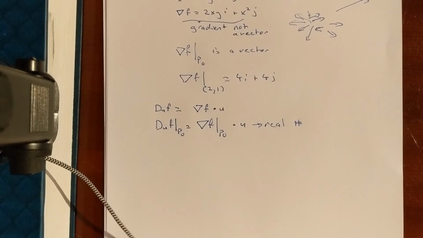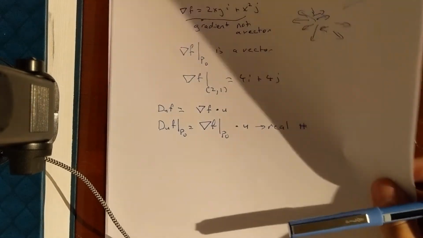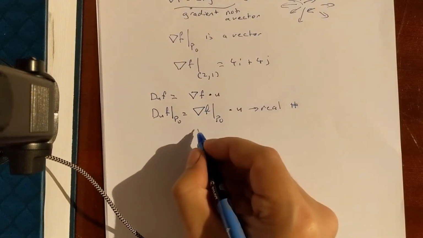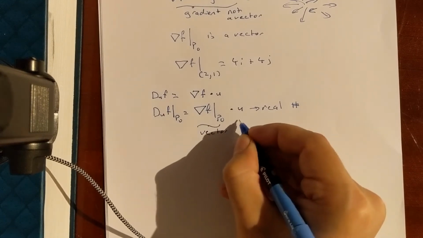Now, I want to go on and develop some properties of it. Now, this guy, of course, because we're talking about the dot product, is a vector, and this baby is a vector also.